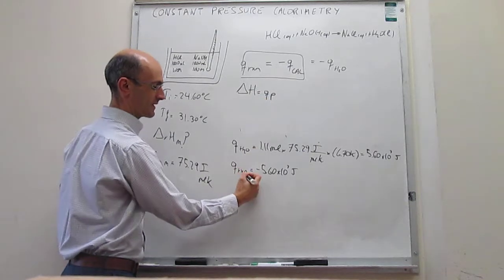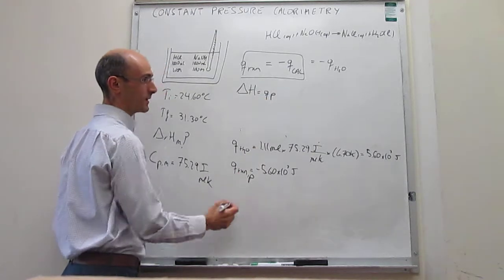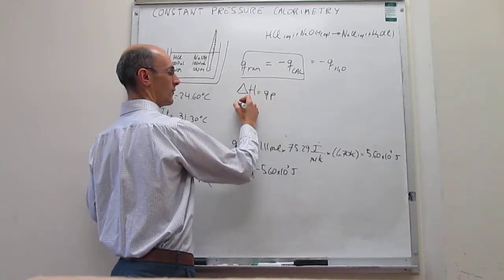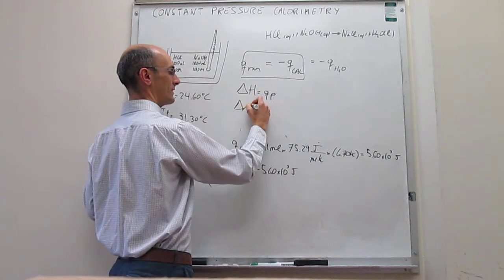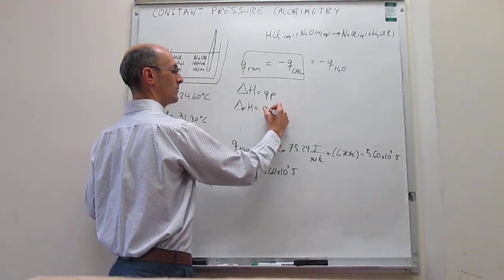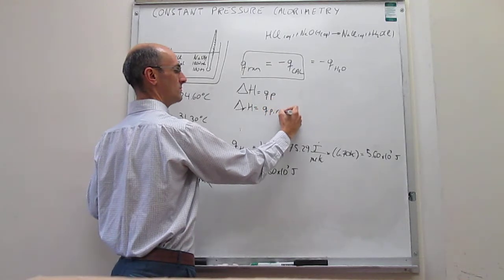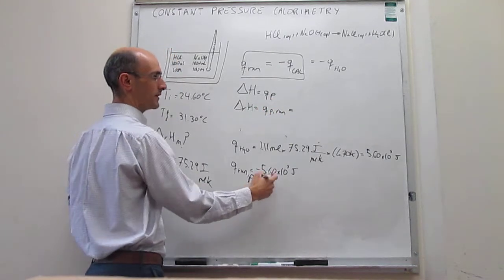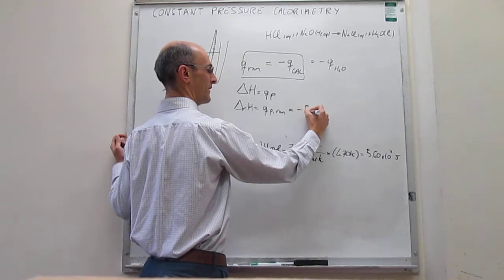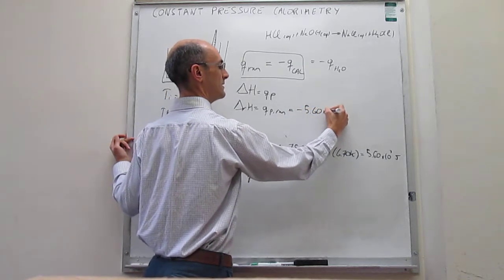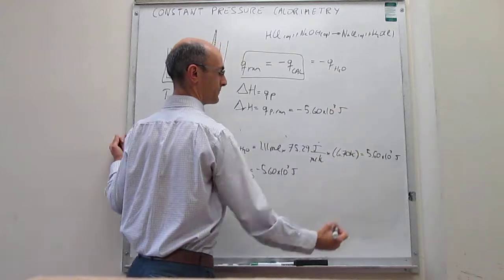And because this is at constant pressure, we're ready to calculate what the reaction enthalpy would be. So delta H of the reaction will be Q_P of the reaction, but that is exactly what we have calculated. So this number is simply minus 5.6 × 10^3 joules.